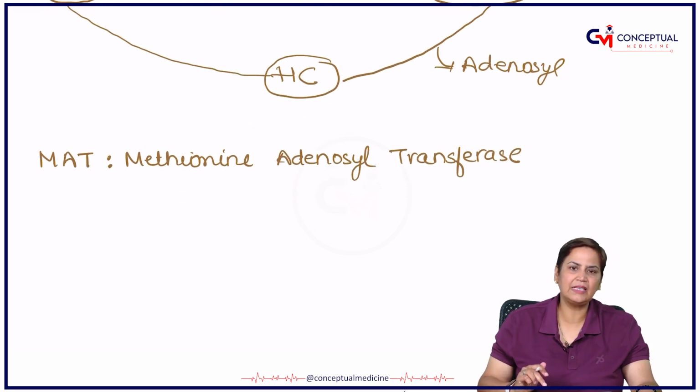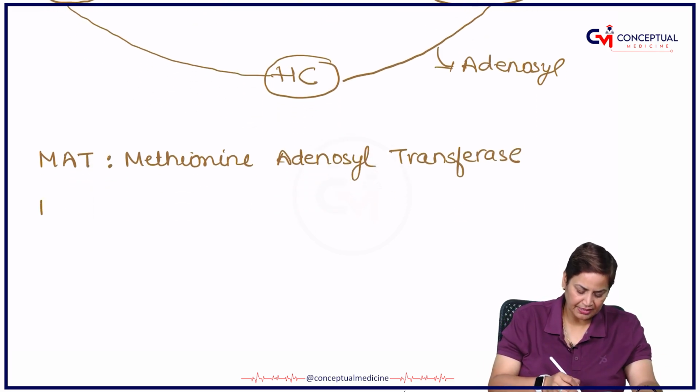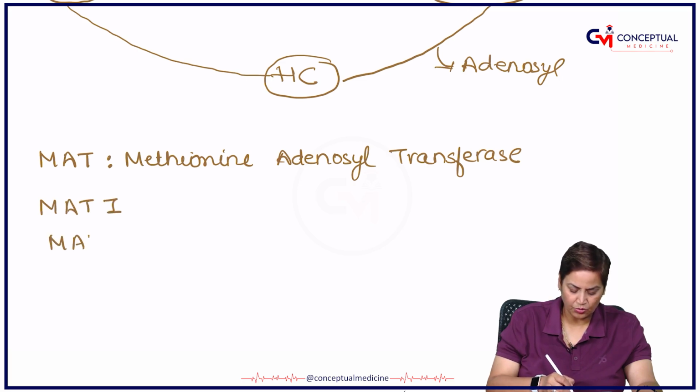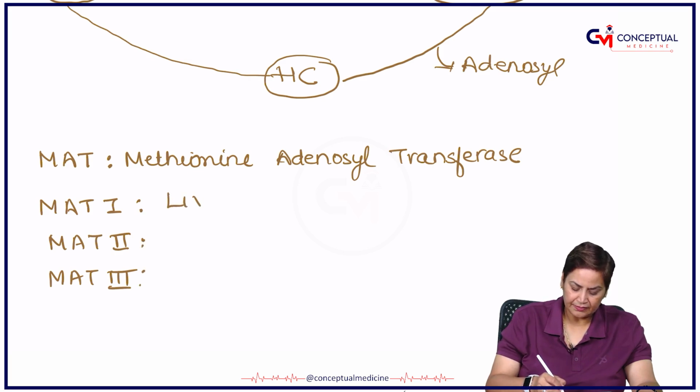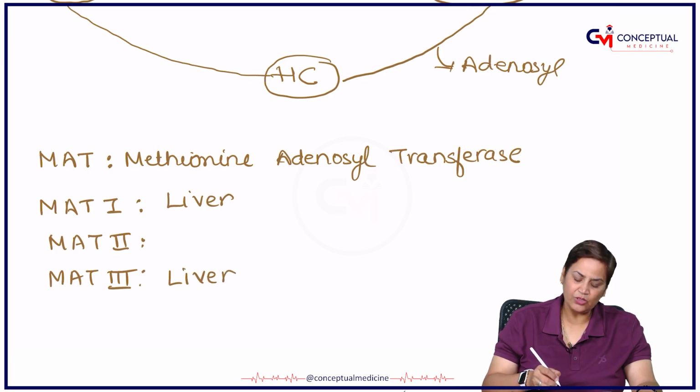And MAT is of three main types: MAT1, MAT2 and MAT3. MAT1 and 3 are present in the liver, and 2 is present in the extrahepatic tissues.